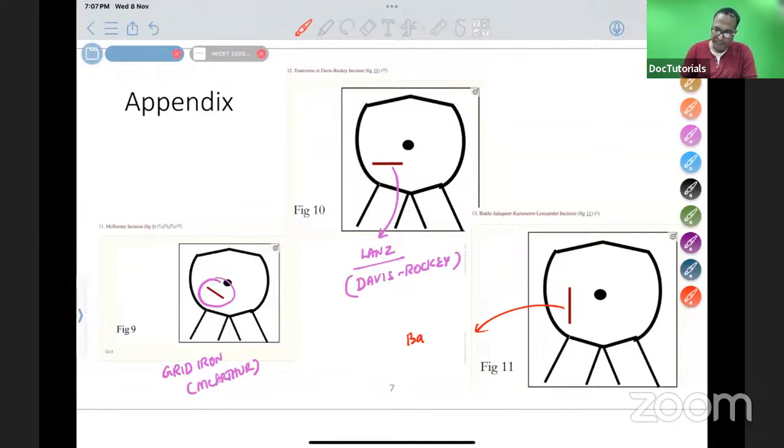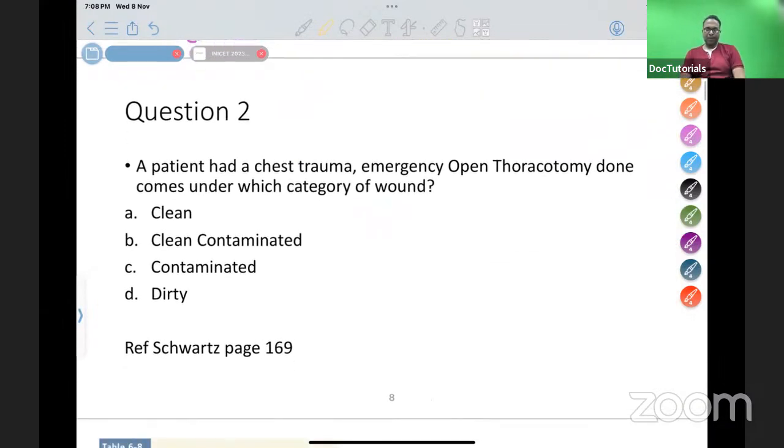We call it Battle's incision. It is not paramedian, okay? It is a little more towards the McBurney's point. So vertical incision towards the McBurney's point is known as Battle's incision. Battle's incision is no more done, just for completion. So remember, appendix incisions are Lanz, Battle, Gridiron, the various incisions used for appendix.